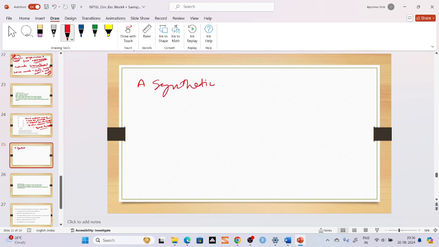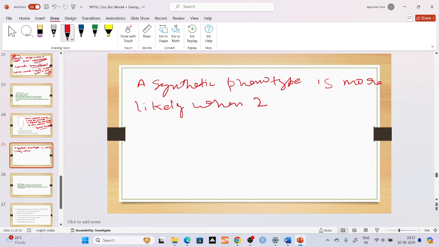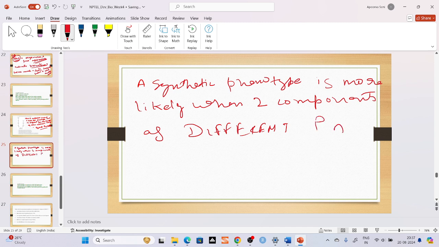A synthetic phenotype is more likely when two components of different pathways are involved.